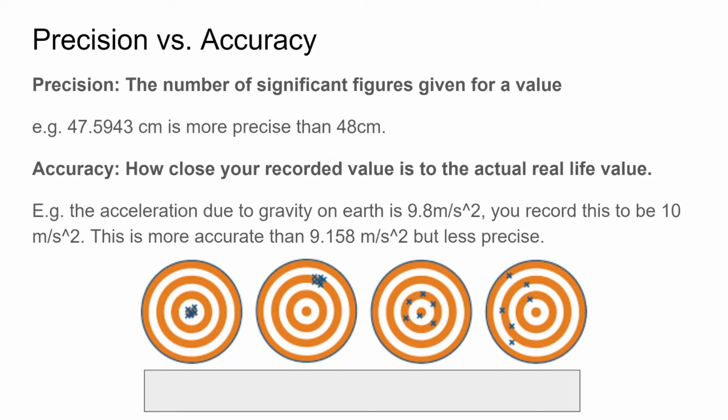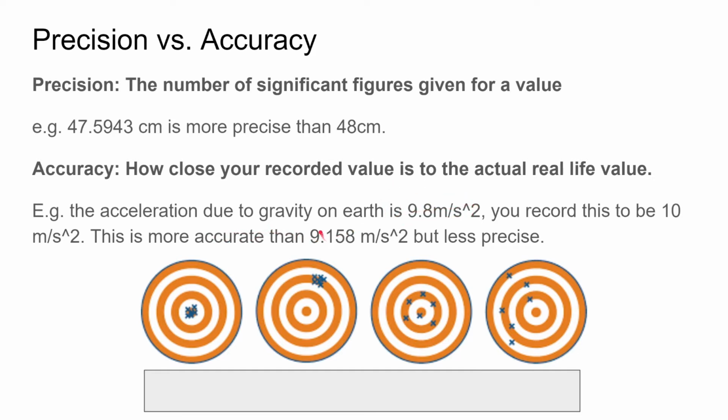The reason is because when we talk about accuracy, we're talking about how close you are to the right value or the real-life value. In the case of 10 meters per second squared, our error is 0.2, right? Because the answer is 9.8 and our experiment data gave us 10 instead of 9.8. So we were off by 0.2.